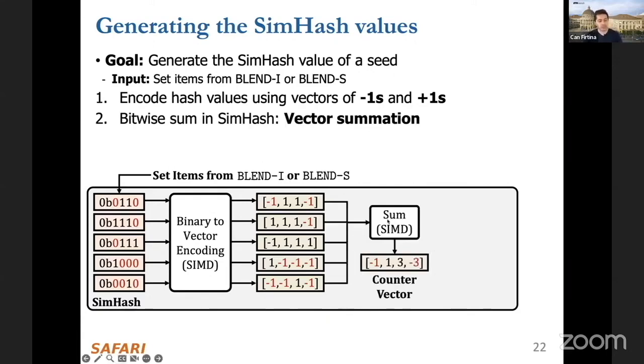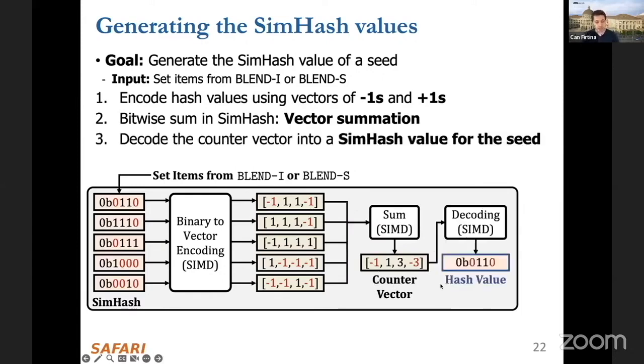We use all these vectors to do a bitwise summation at each position to generate this counter vector, again using SIMD operations. Then by looking at the signs of these values, we do a decoding to generate the SimHash value of a seed. If a value is negative, the corresponding bit position of the hash value would be 0, and if it is positive, it would be 1.